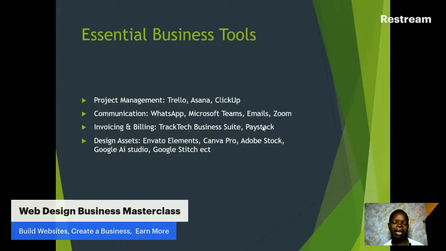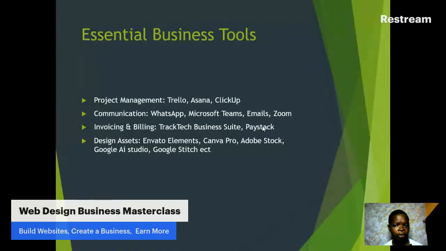So you have design assets, and we have Elementor. I already gave you a VA link where you can download your premium themes and premium plugins. I showed you how to download them and how to install them on your website. You have Canva Pro, if you want to do a little design. Adobe Stock, if you need some free images or some paid images.